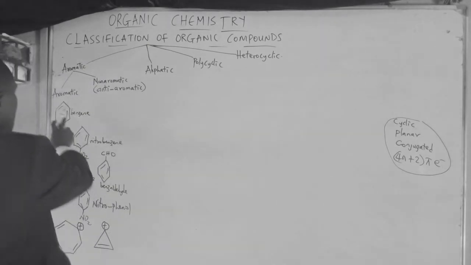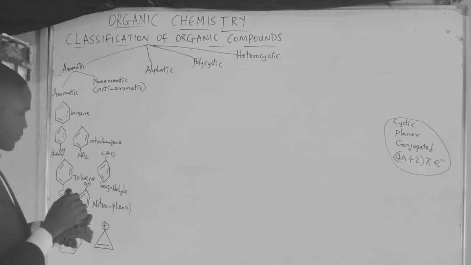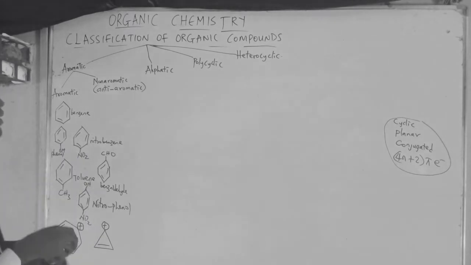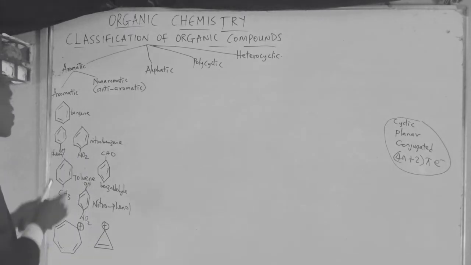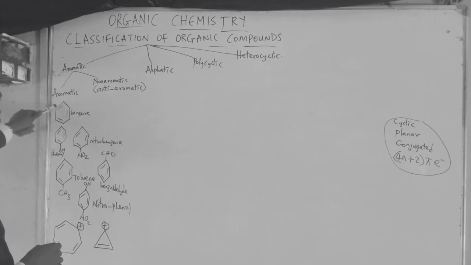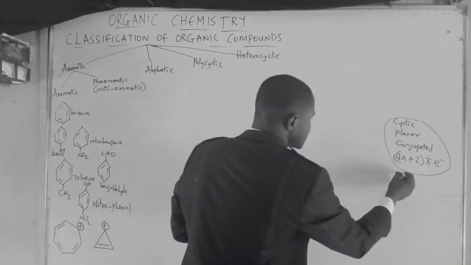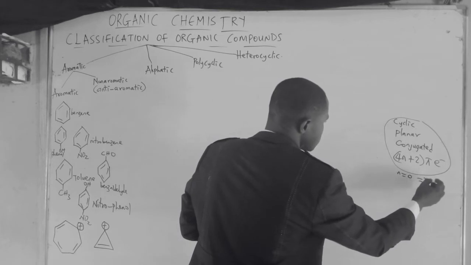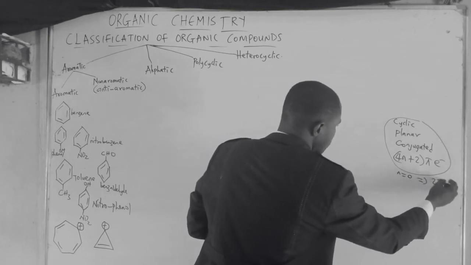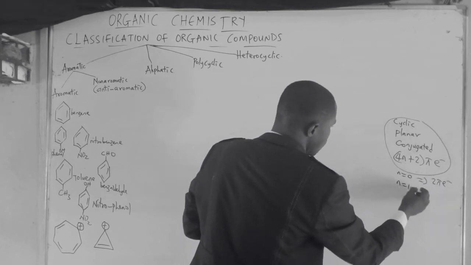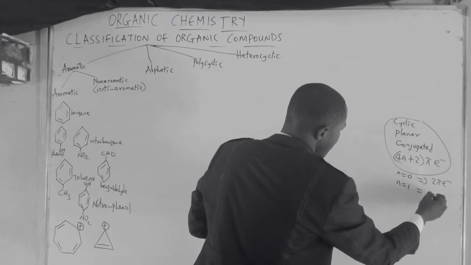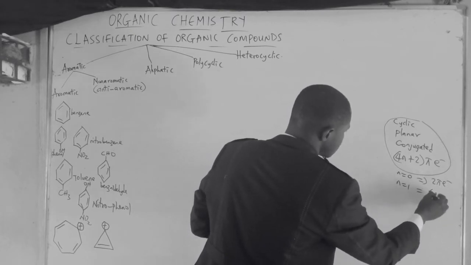Let's check now. Benzene is cyclic. From the structure of benzene, it is cyclic, it is planar, it is conjugated in the sense that double bond, single bond, double bond, single bond, double bond. Now, it obeys Huckel's rule. Why do we say so? When n is 0, we'll be having 2 pi electrons. When n is 1, we'll be having 6 pi electrons.